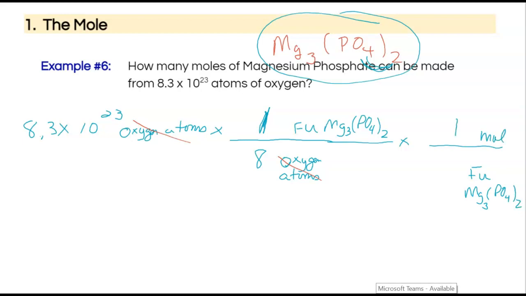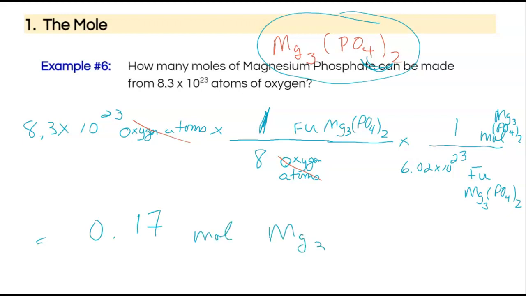I know 1 mole is going to have 6.02 times 10 to the power of 23 formula units of magnesium phosphate. And I'm running out of real estate here, people. I work out that calculation, and I get 0.17 moles of magnesium phosphate.